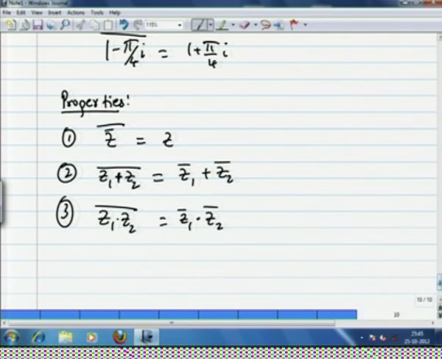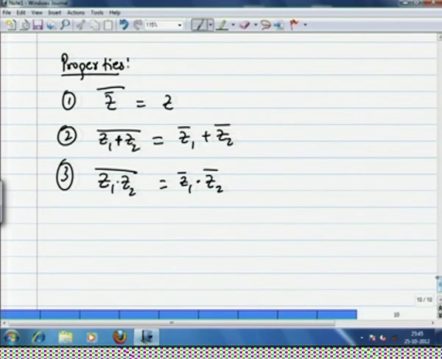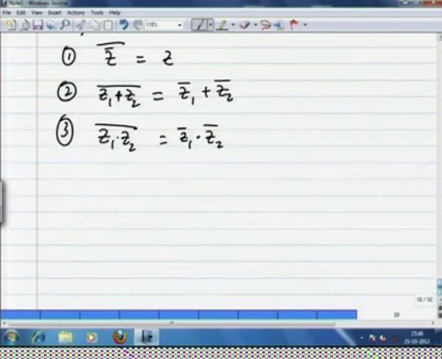So, the viewer is encouraged to verify these properties by computing the left hand side and right hand side in terms of x1, y1 and x2, y2.